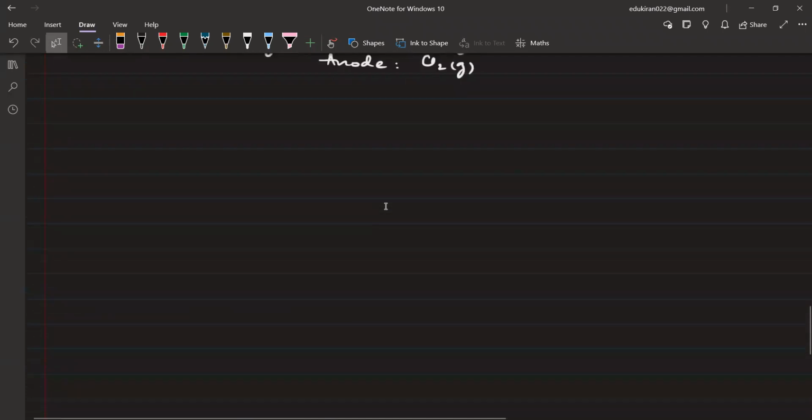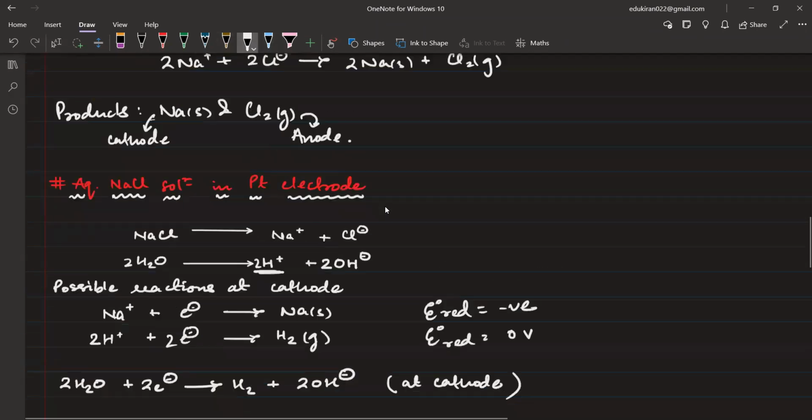Right, next. Aqueous CuSO4 with platinum electrode. I am writing these things in red. Yeah, in red.